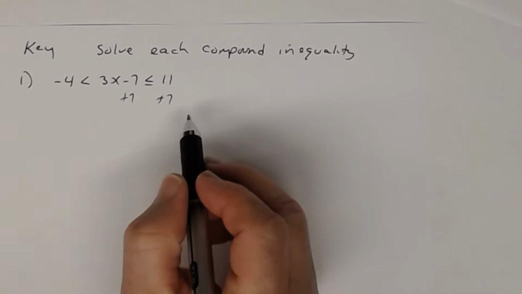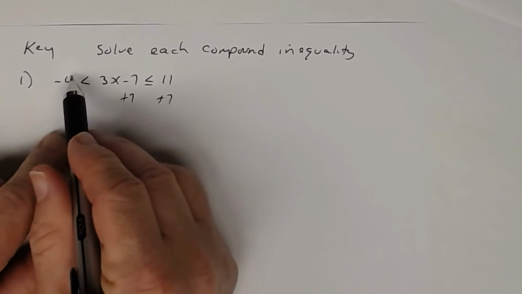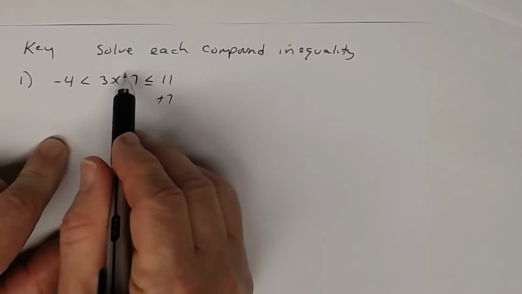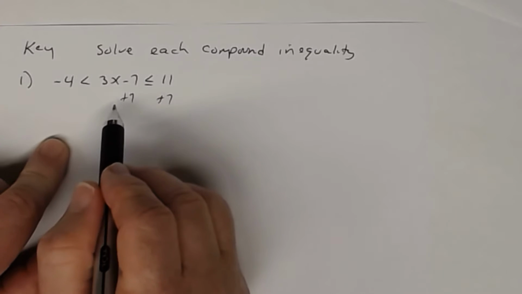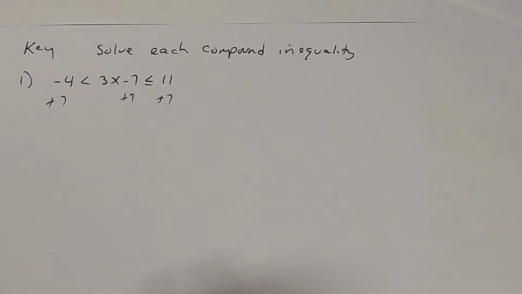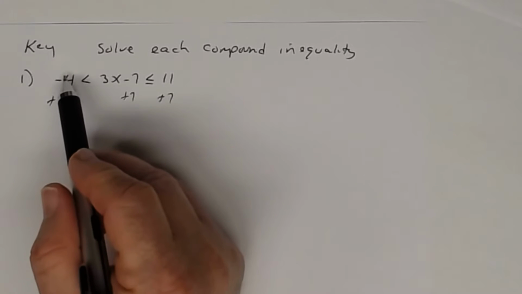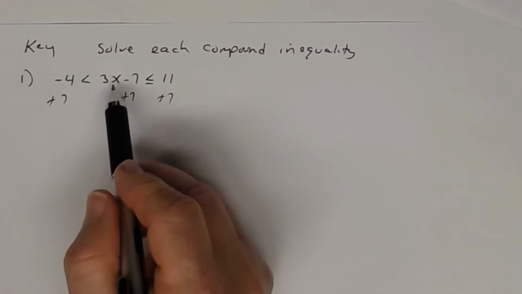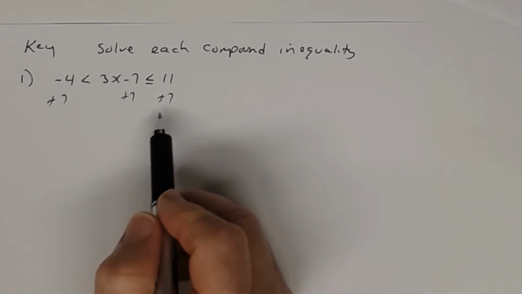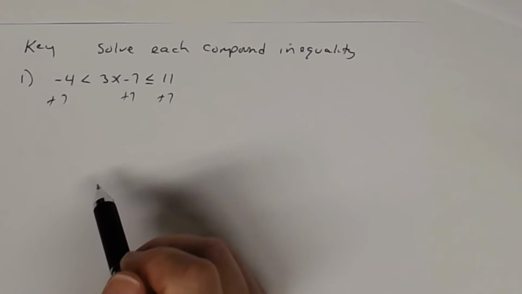Well, the same idea. But there are three parts here: left-hand side, the middle, and the right-hand side. So you have to add 7 to all parts. Since I'm subtracting 7, the opposite is to add 7. Notice, add 7 to the left, add 7 to the middle, add 7 to the right.